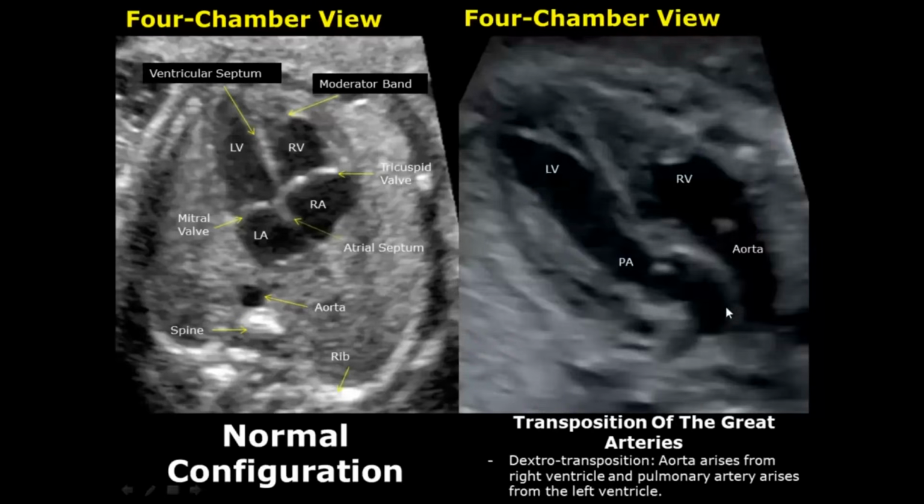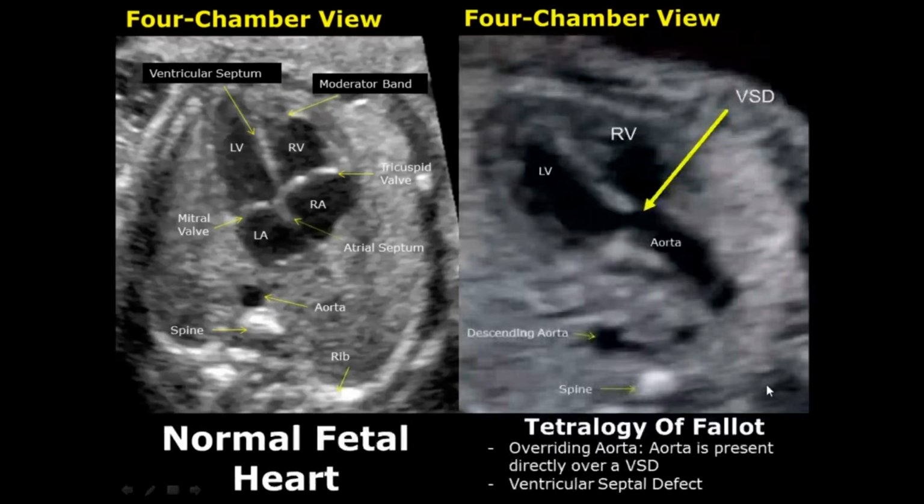Here is another image showing the parallel configuration. The aorta arises from the right ventricle and the pulmonary artery arises from the left ventricle. Tetralogy of Fallot contains 4 abnormalities, which include right ventricular outflow tract obstruction, a ventricular septal defect, a right ventricular hypertrophy, and an overriding aorta.